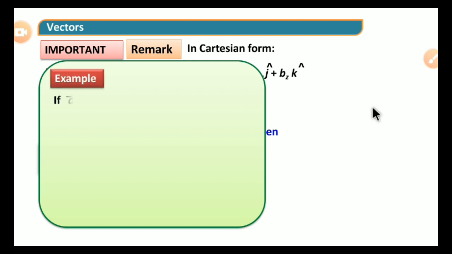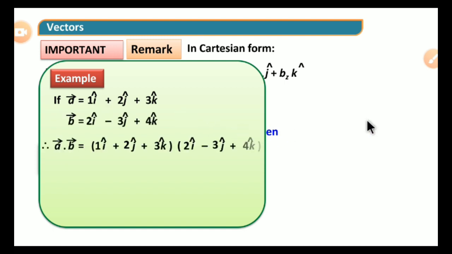Now we will take one example. If vector A is equal to 1i plus 2j plus 3k, and vector B is equal to 2i minus 3j plus 4k, the dot product of these two vectors is first vector dot second vector.